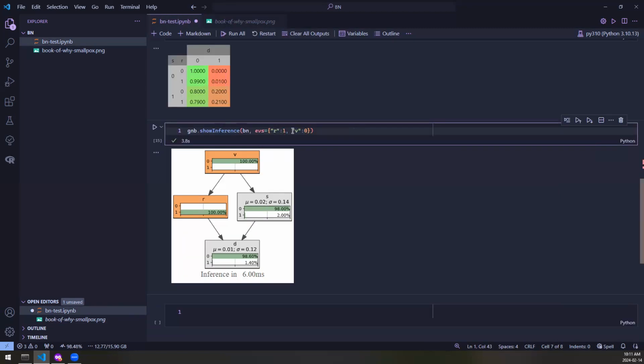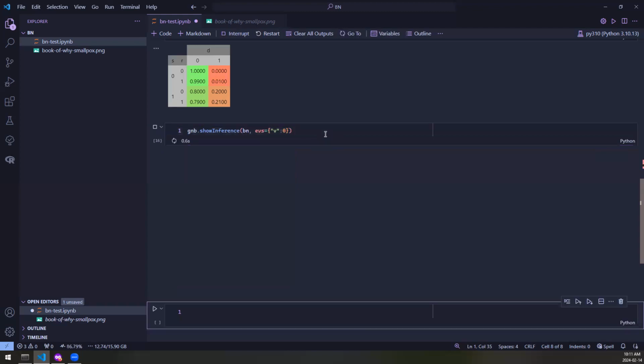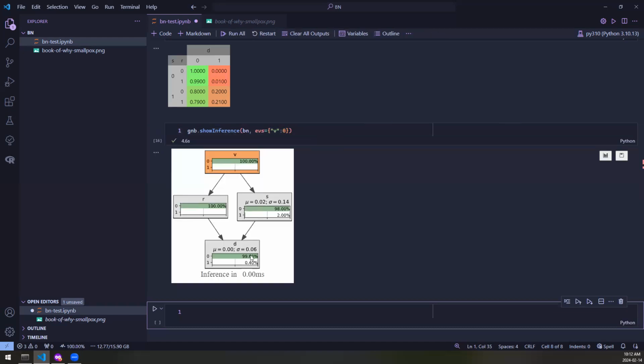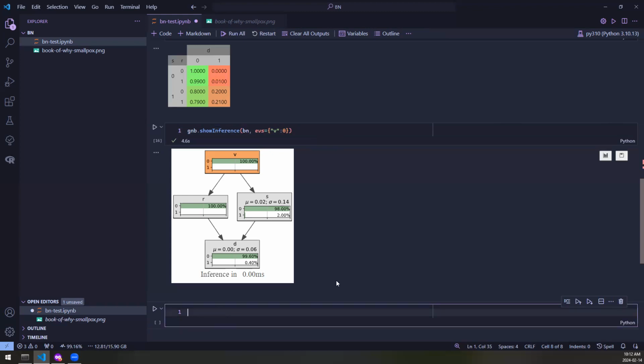If we consider the vaccine equals 0, so nobody took the vaccine, we can get some numbers out of that. So we see everybody didn't take the vaccine, so we have this death rate. Consider all the probabilities that were updated in the background by PyAgrum.